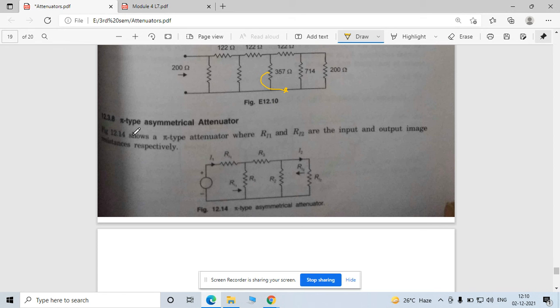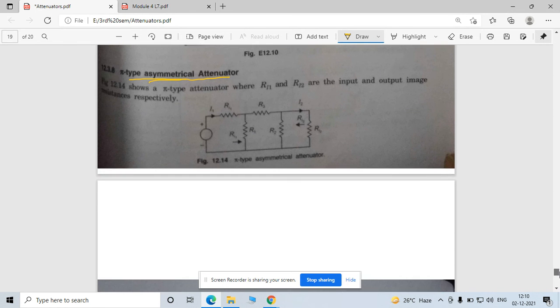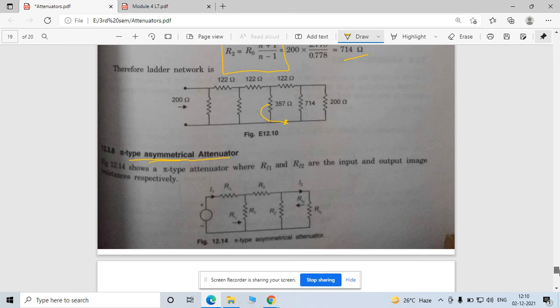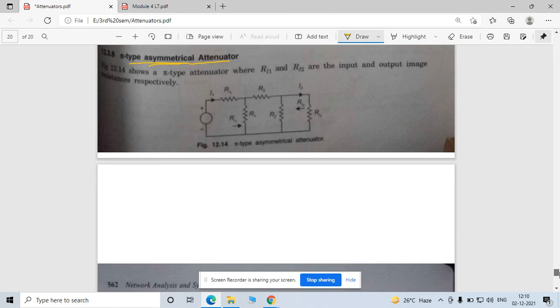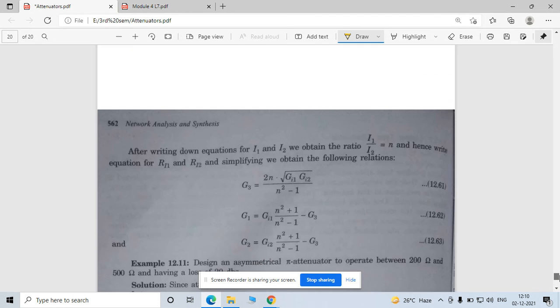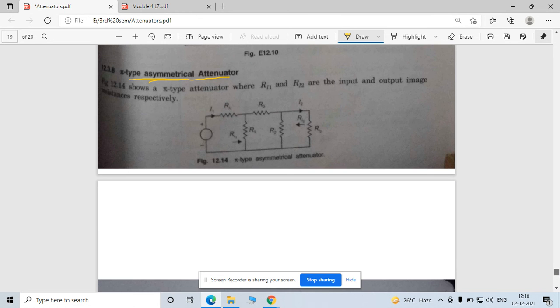And the pi type of asymmetrical attenuator, this circuit is a pi type, right? This is a pi type of asymmetrical network. We already covered the T-type asymmetrical network and this ladder network, and now this is our last type, that is the pi type of asymmetrical attenuator.